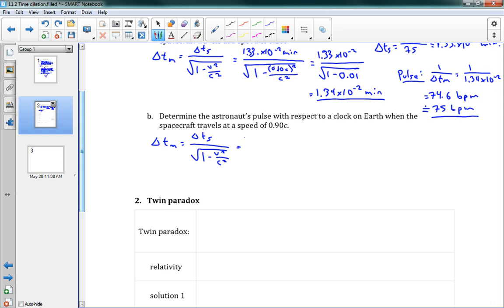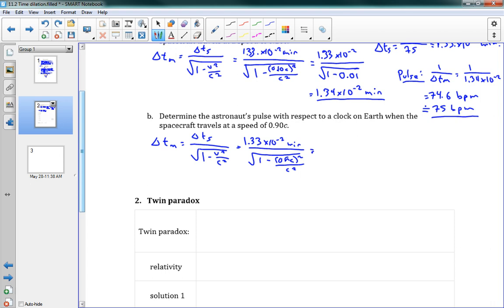And we had our delta Ts from the last part, 1.33 times 10 to the negative 2 minutes over square root of 1 minus 0.9c squared over c squared.